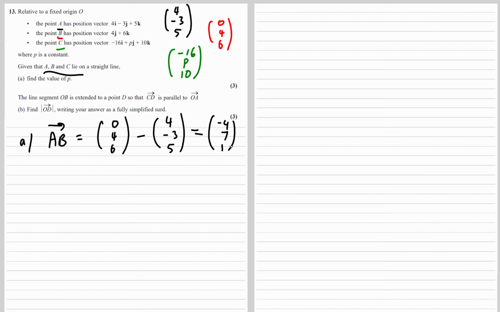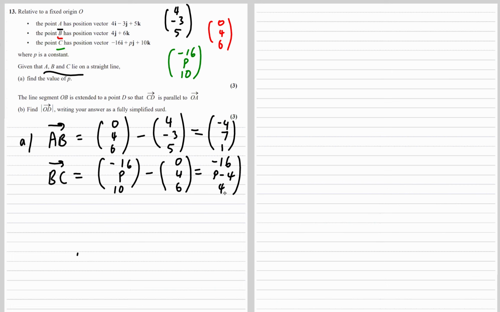So B to C, or A to C, either one of them, must be in the same direction. Let's say B to C. I want to go from B to C, so I'll do C take away B. Negative 16, p, 10, take away 0, 4, 6, which will be negative 16, p minus 4 and 4.